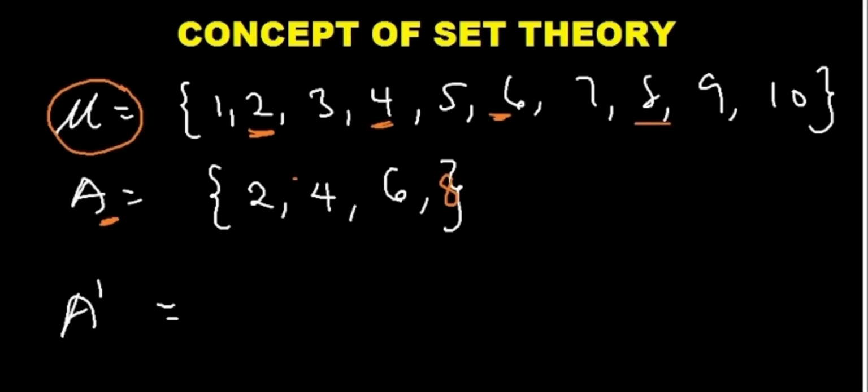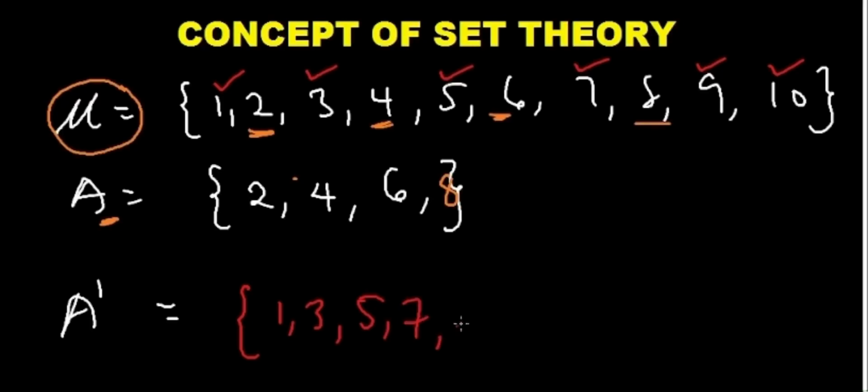But we don't have 1. We don't have 3. We don't have 5. We don't have 7. We don't have 9. Yes, we don't have 10 also. So the complement of this set will be 1, 3, 5, 7, 9, and even 10.